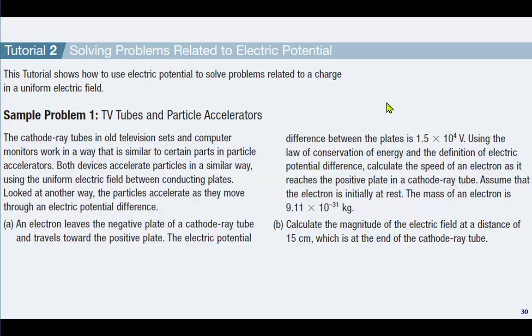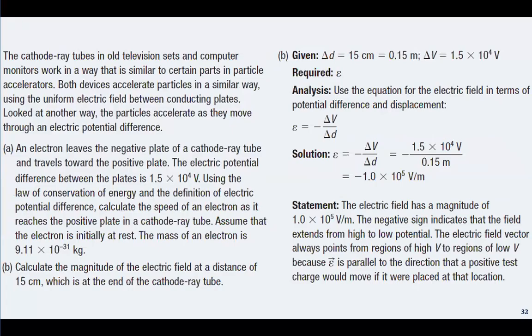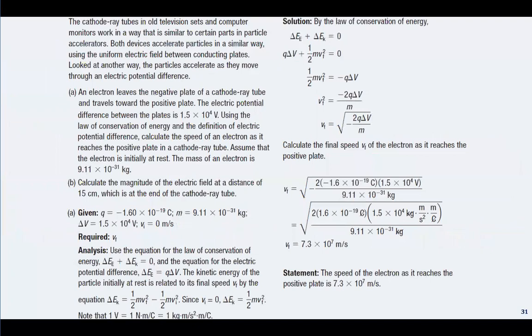Okay, let's have a look at the solution for question A. Okay, we know by the law of conservation of energy, delta EE plus delta EK should equal 0, right? On the other hand, we know delta EE is Q times delta V, and delta EK is 1/2 times m times Vf squared because initial speed is 0, right?